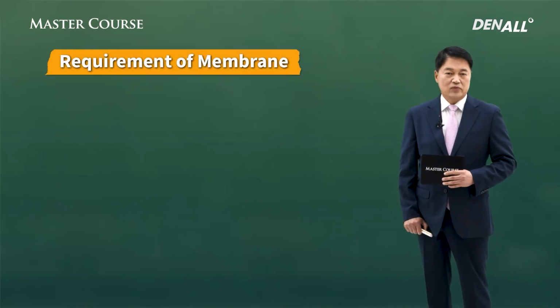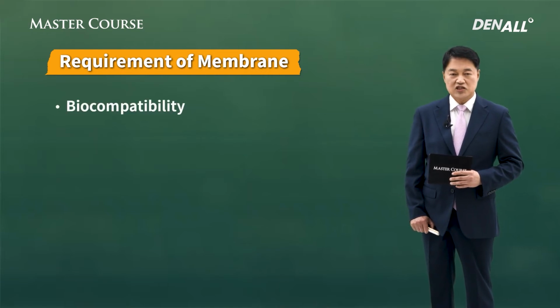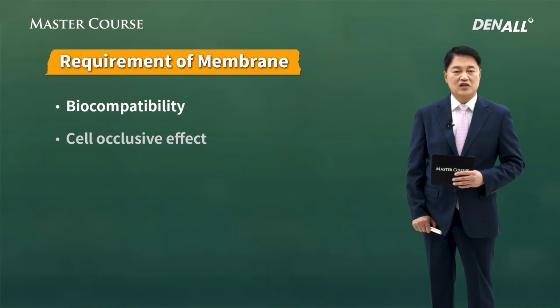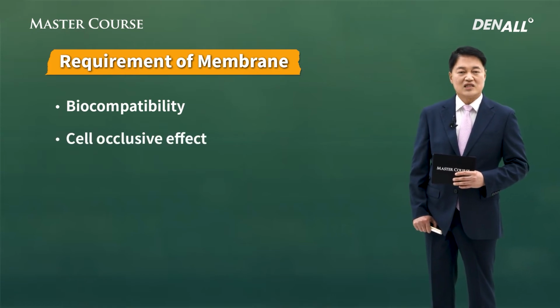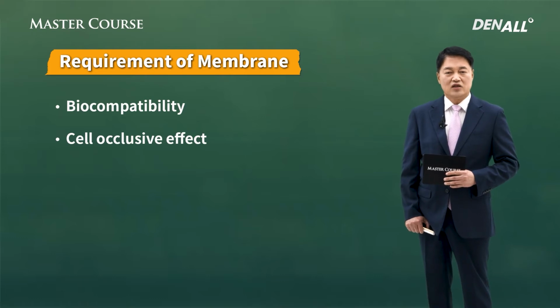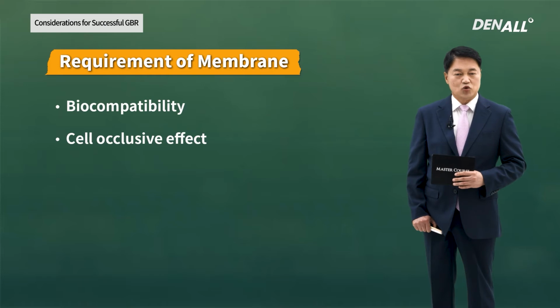The requirements of membrane. First, it needs to have biocompatibility, and it also needs cell occlusive effect. Epithelial tissue or connective tissue should be blocked, and if exposed, it should also prevent exposure to bacteria.